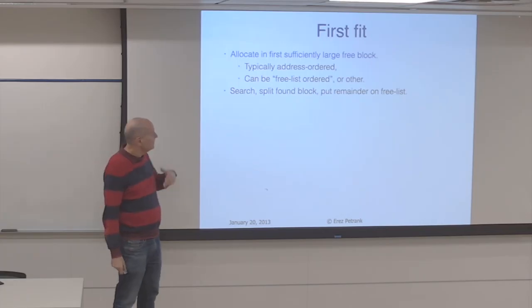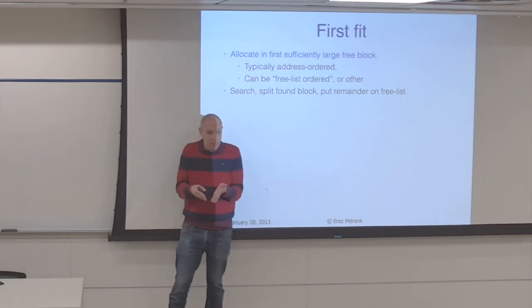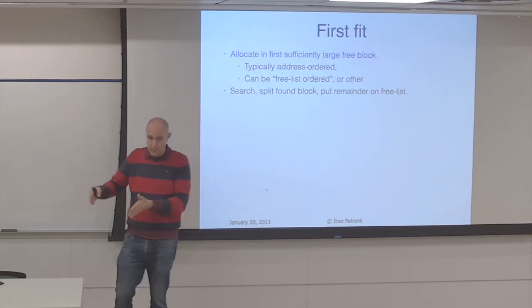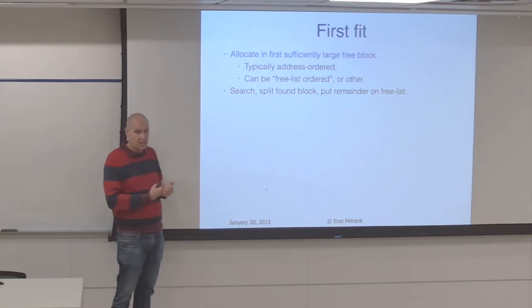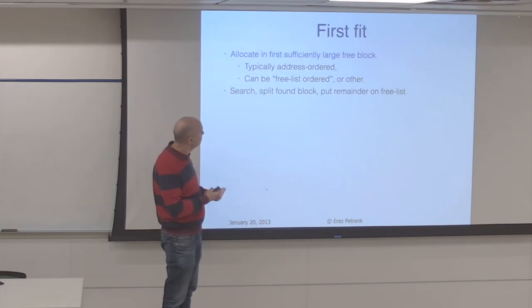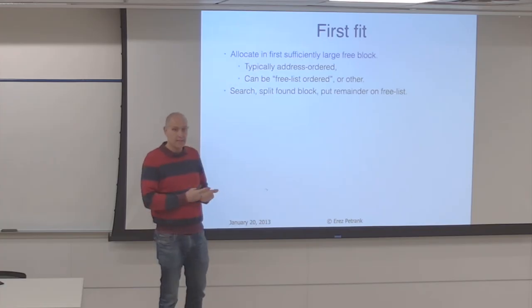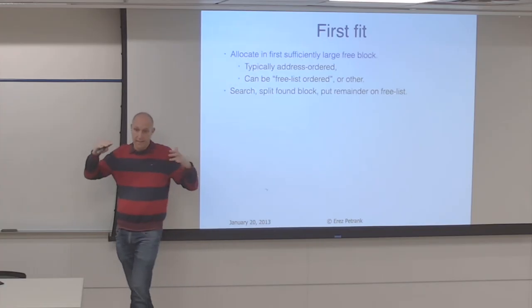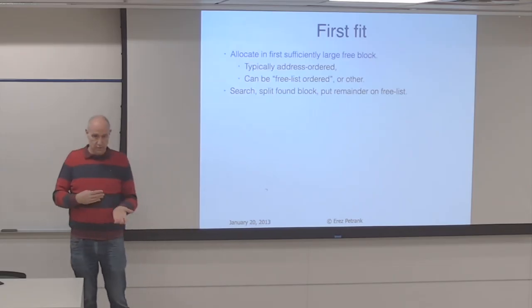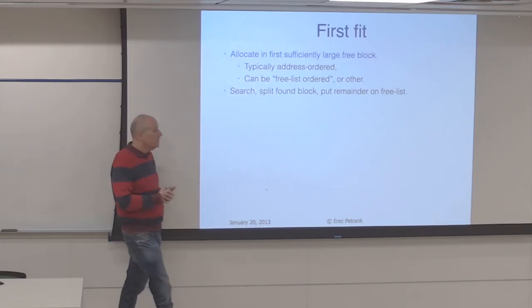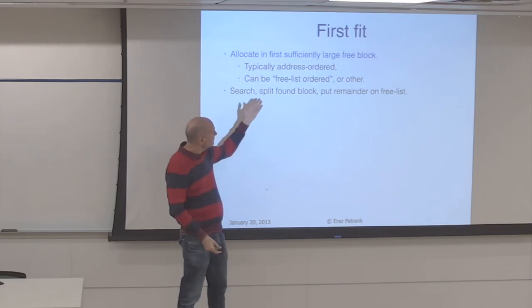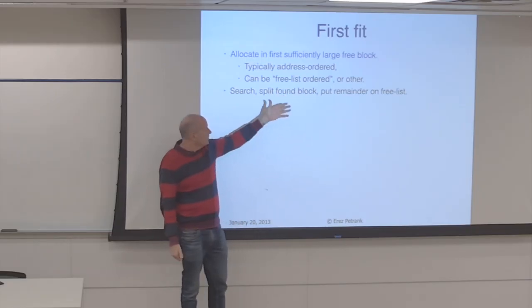First fit, you allocate in the first place you can. If there's a good enough space, you go over the spaces. The first one that fits, you use. Typically you can go in any order you like between the free spaces, but usually you do it in address order. Or it can be whatever you want, free list order.